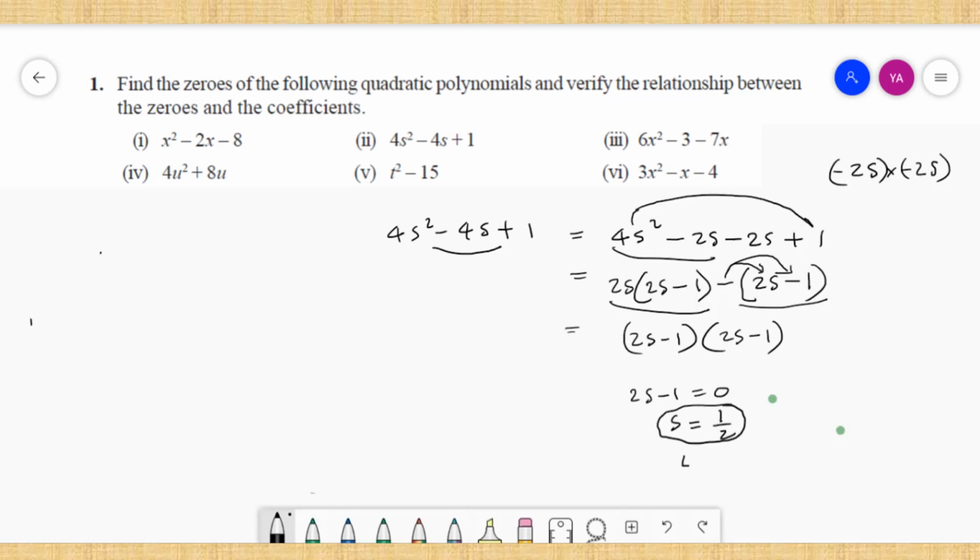Can you verify that by using alpha and beta? Yes. You can take alpha equal to 1 by 2 and beta equal to 1 by 2.